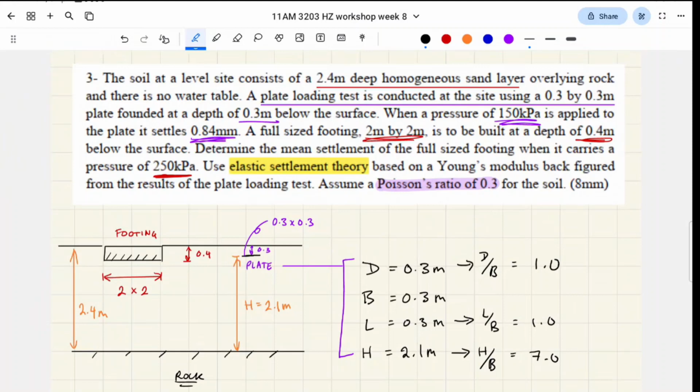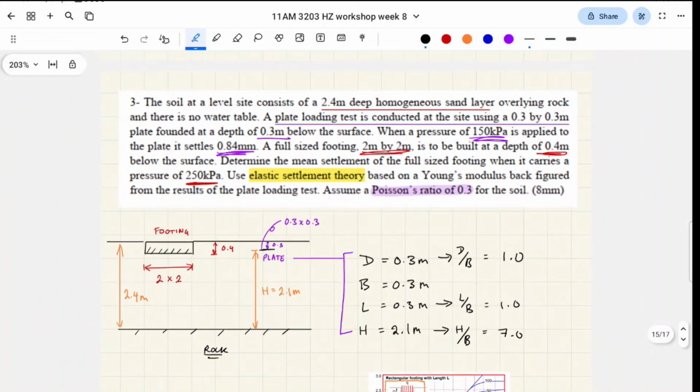So we just add a little dash because we're doing drained analysis, I guess. Later you'll see there's actually examples where E varies with depth. It gets more and more stiff as we go deeper in the ground. But E dash is fine to use here because we're just dealing with sand. For elastic settlement, we'll pretty much always be dealing with sand. So effectively E and E dash are the same thing here.